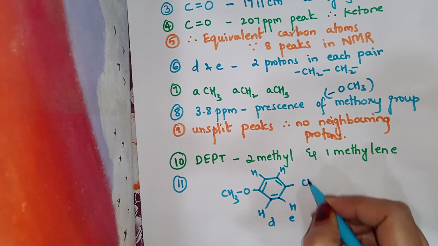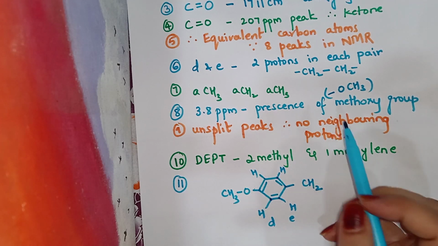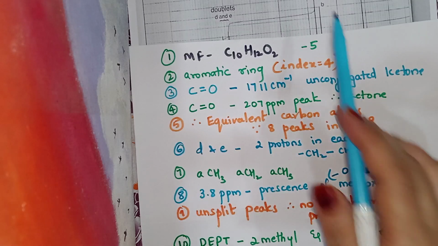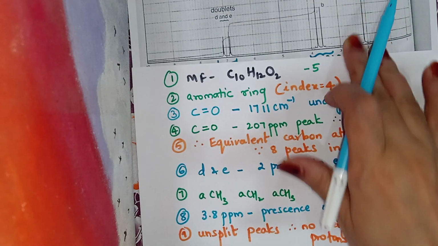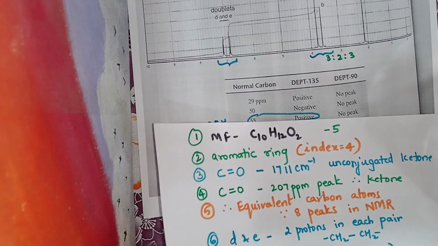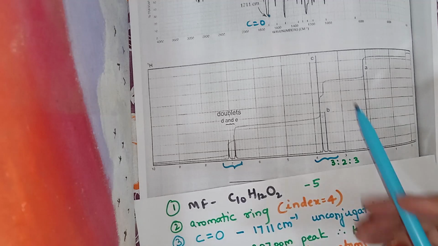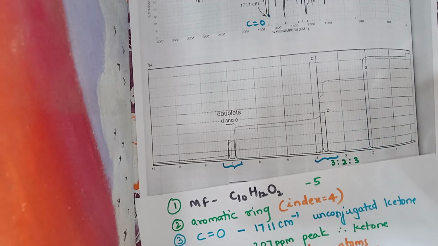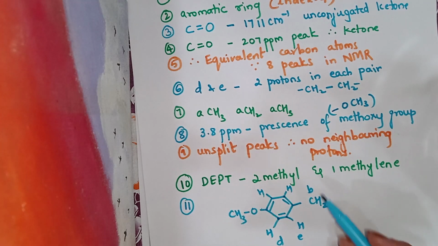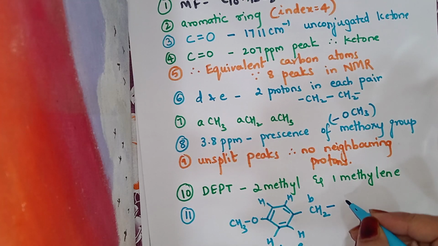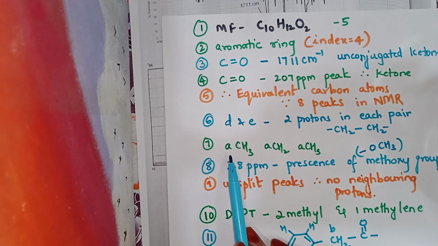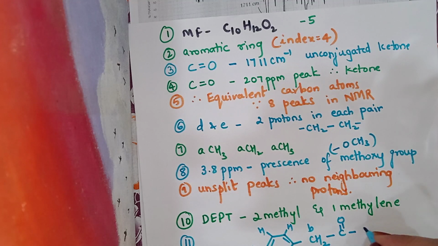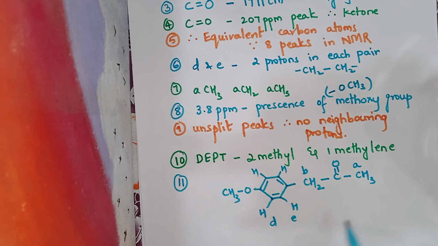CH2 at B, and a C=O near A, CH3. This is the probable structure.